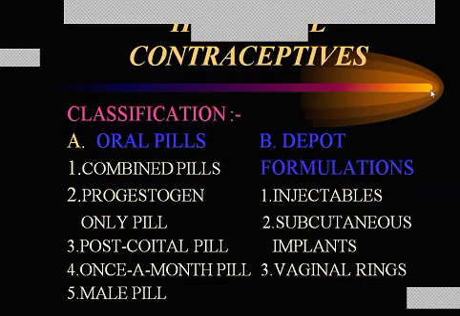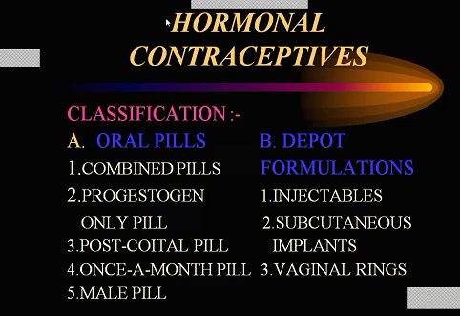How are hormonal contraceptives classified? They are available as oral pills and depot formulations. Oral pills are again subclassified into combined pills, progesterone-only pill, postcoital pill, once-a-month pill, and male pill.